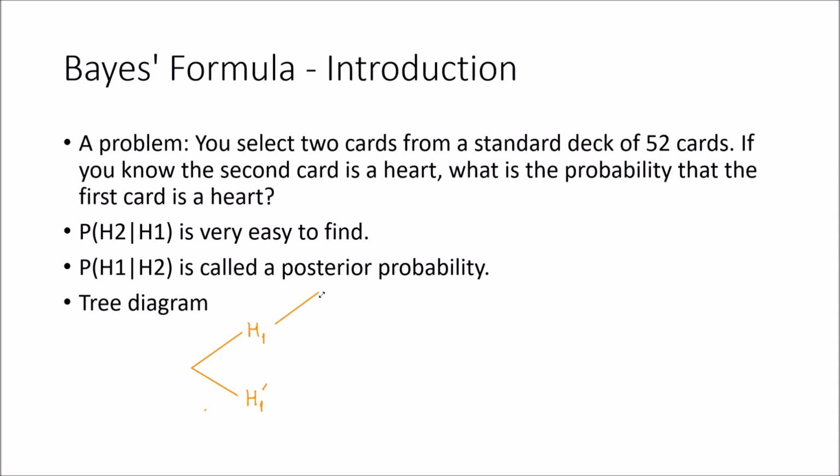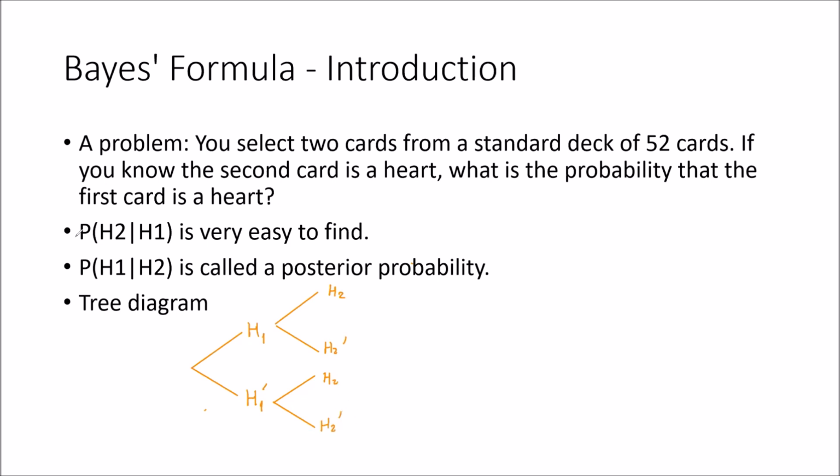The second card can be a heart or a non-heart. Similarly, in the second case, you also have two cases. So let's put H2 here, H2 complement, H2 here, H2 complement.